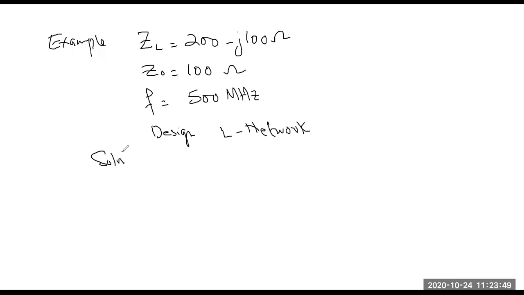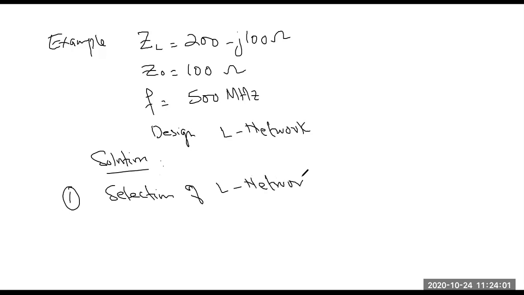So in our solution, we have completed the first step, and the first step was selection of the L network. After using the mentioned method, what we found is that this is the network that is going to solve our problem.